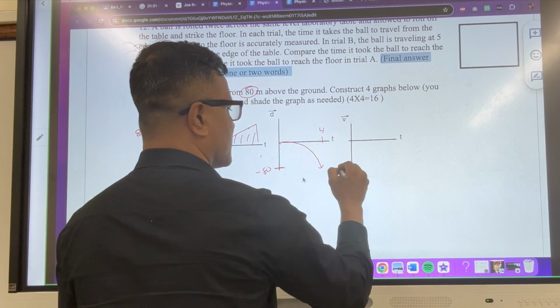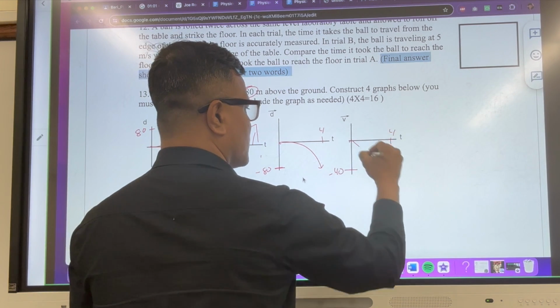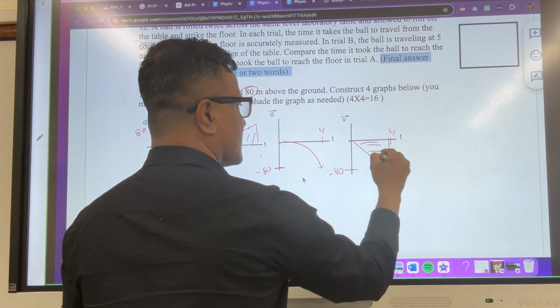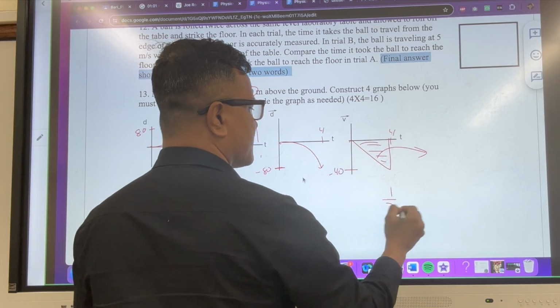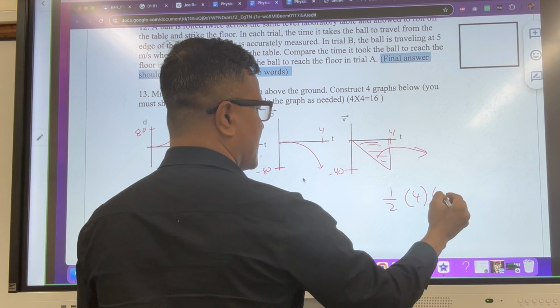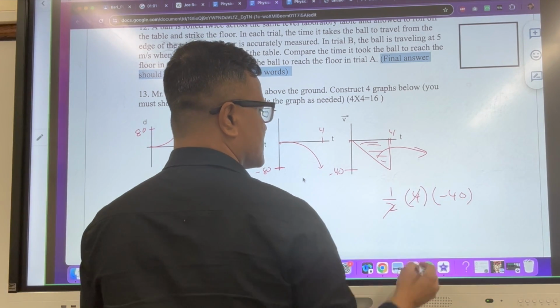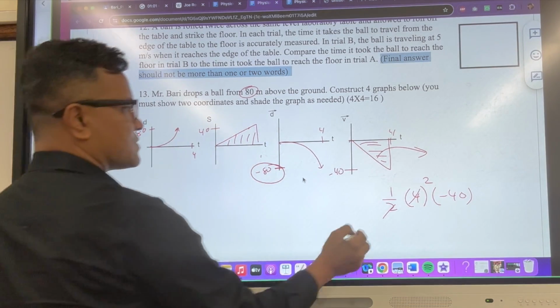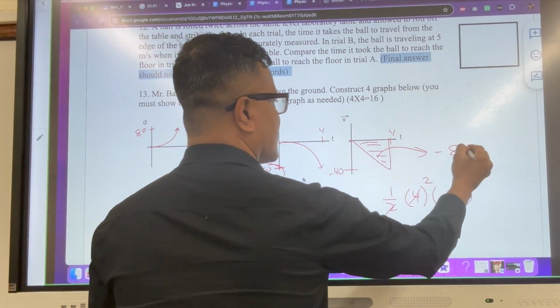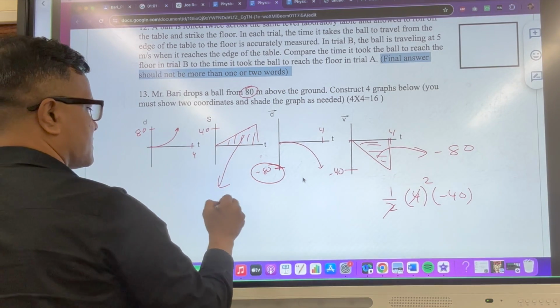So this is negative 40, and this is 4. And don't forget to shade the area under the curve. This would be half, base is 4, and height is negative 40. So this is negative 80, and this is positive 80.